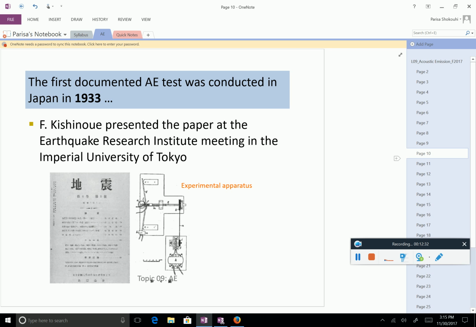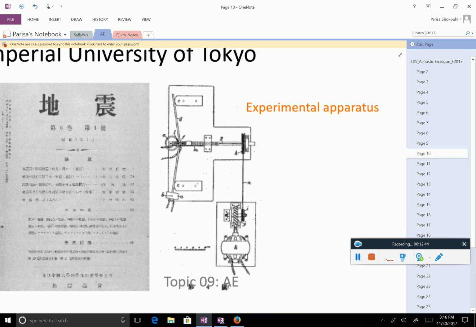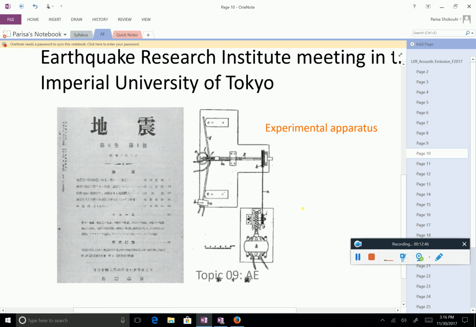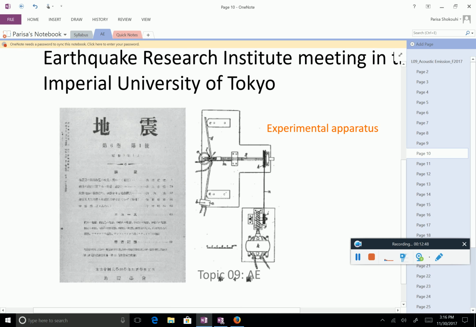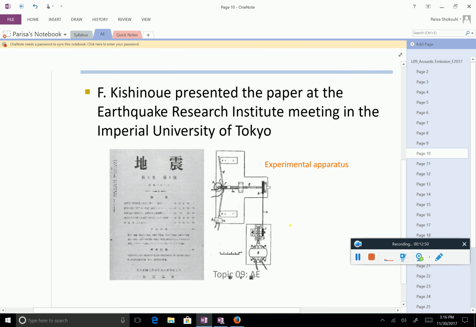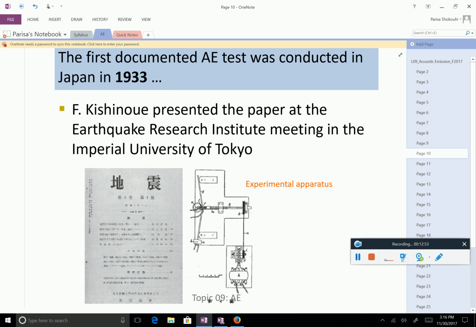Okay. So it is interesting to look at the very first acoustic emission setup. This is how it looked. And this is the first paper, in Japanese, in 1933, where they actually used a test like acoustic emission. Yes, but is it actually acoustic emission?